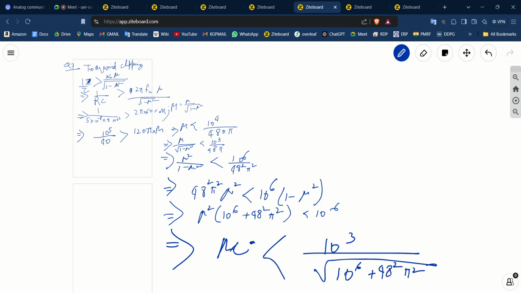If you do this in the calculator, we have 48 square into pi square, plus 10 to the power 6.